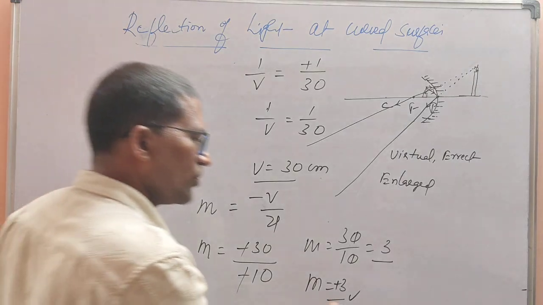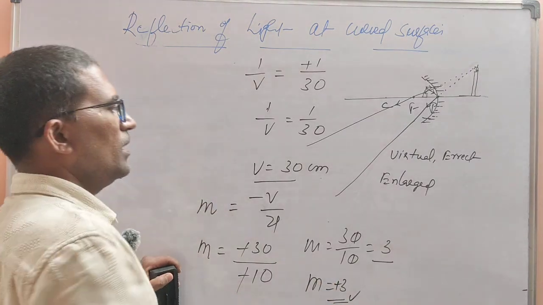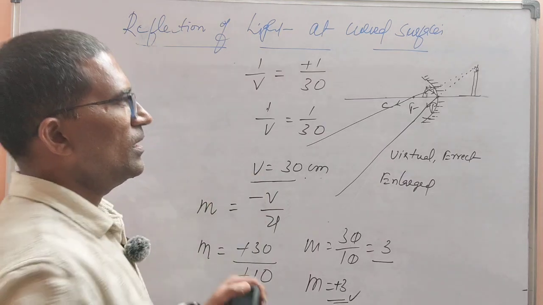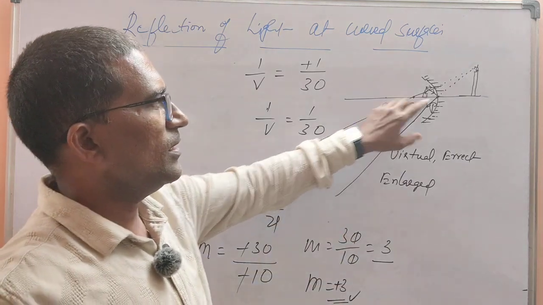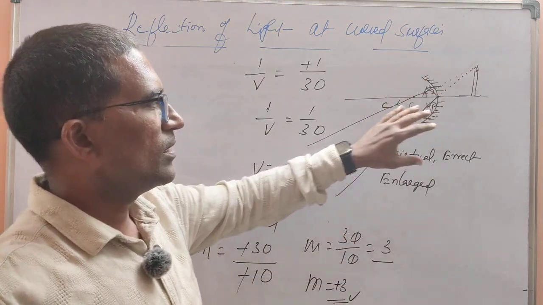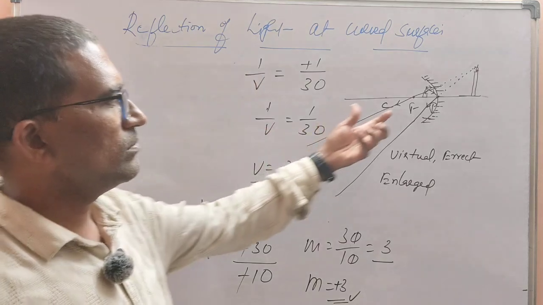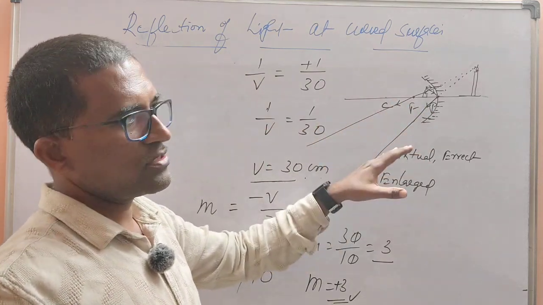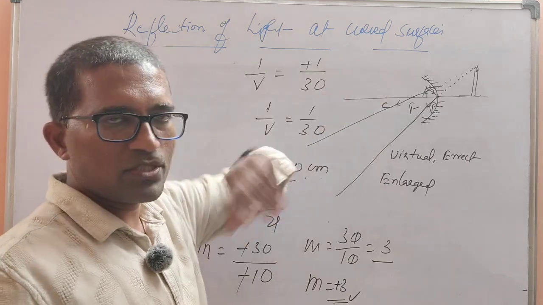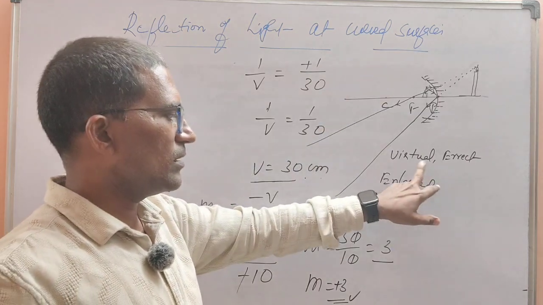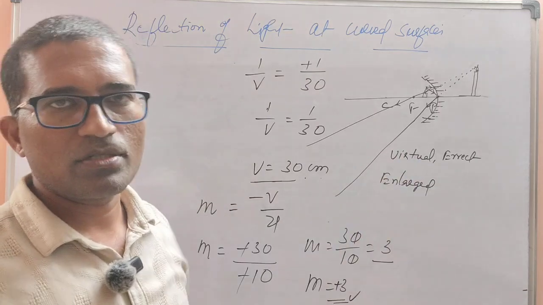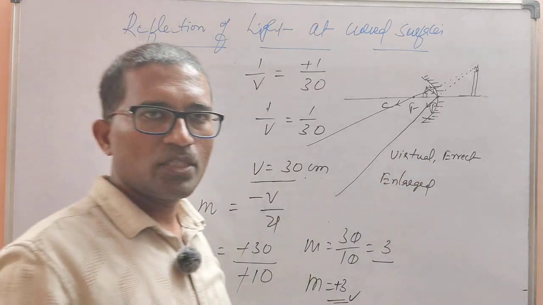So magnification has no units, please remember this. And image distance 30 centimeter we got, and the ray diagram for the respective problem is like this according to the results of image distance, and already we know the object distance. Okay, and the orientation of the image is virtual, erect, and enlarged. I hope you all understood this.